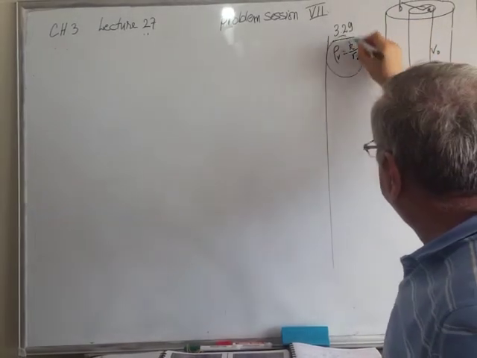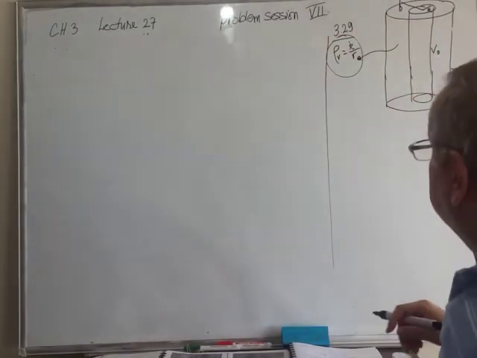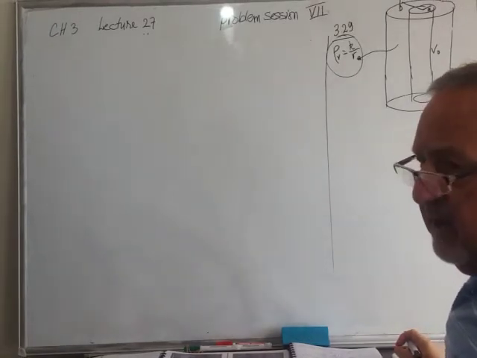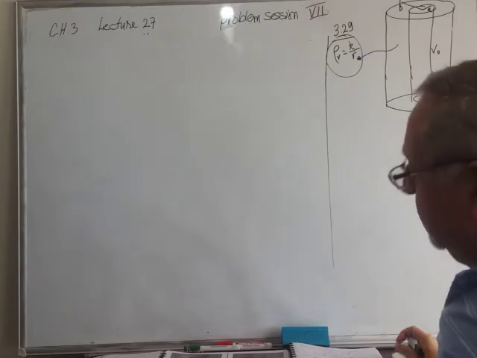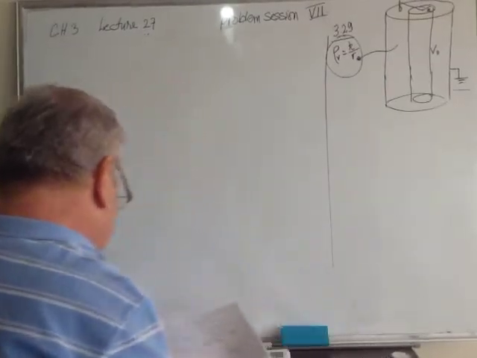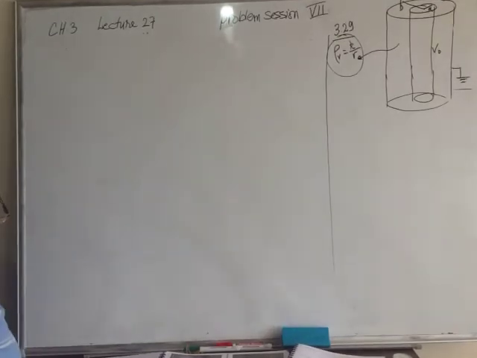The region between the two is filled with a volume charge distribution K over R, right? K over R. You have to do what now? You have to determine the potential distribution in the region, solving Poisson's equation.